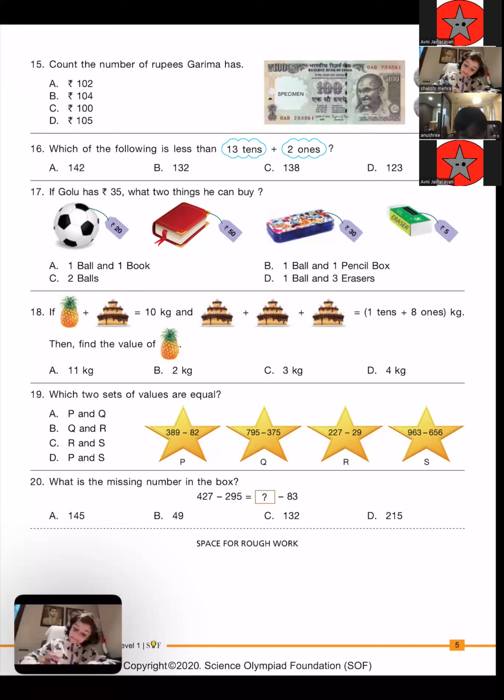And then you will have to give me the final answer, which option you see is correct.